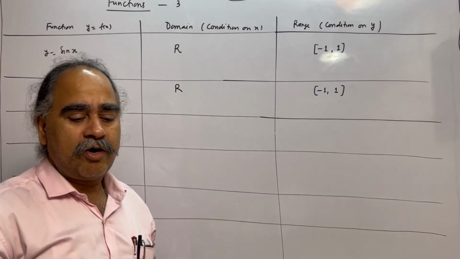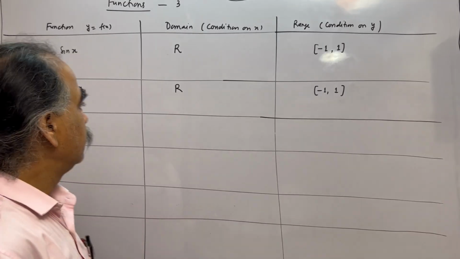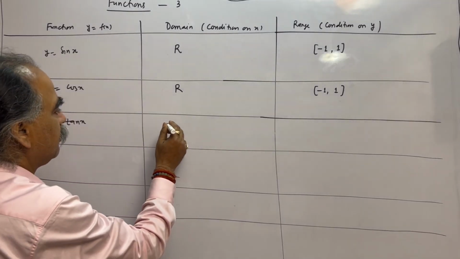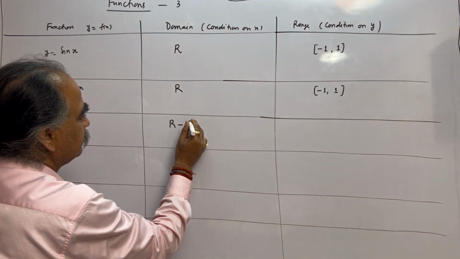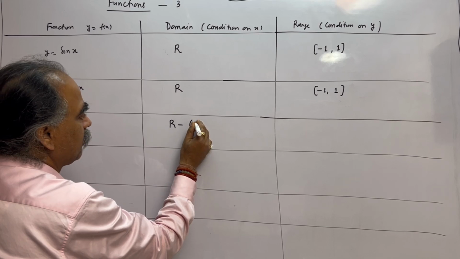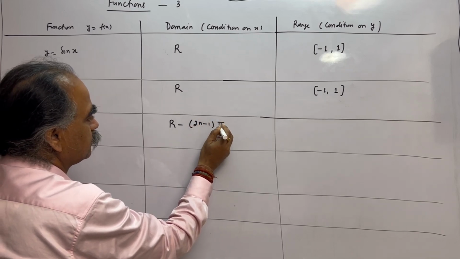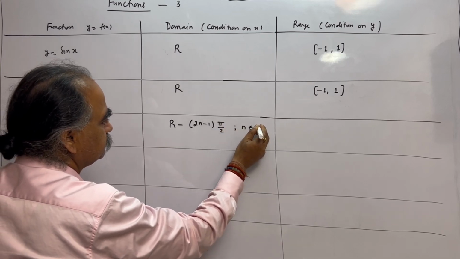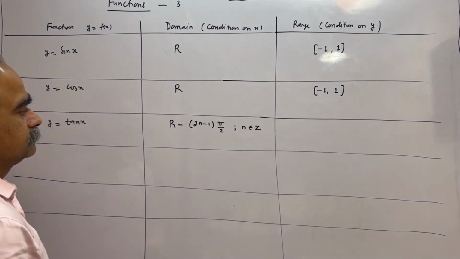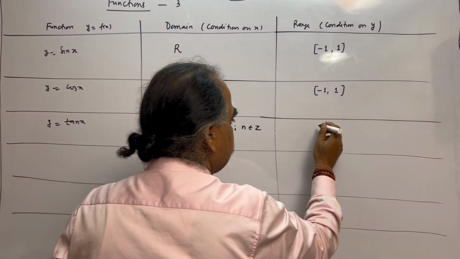That means at all odd multiples of pi by 2, cos becomes 0. So here domain is the entire real line minus odd multiples of pi by 2, n belongs to integer. And range will be the entire real line.